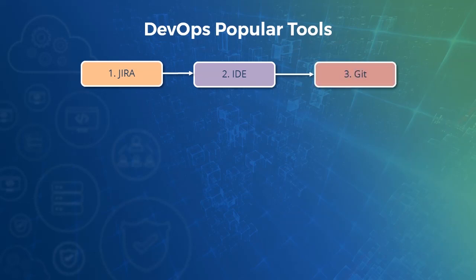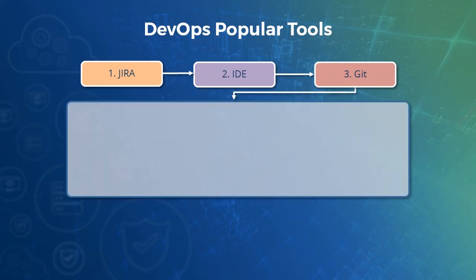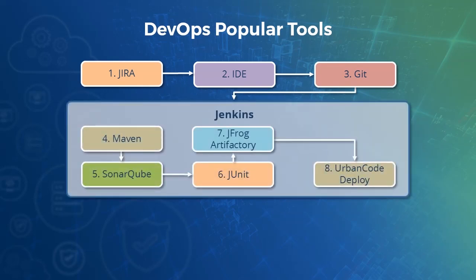After the codes have been committed in Git, we can set up a continuous integration layer to build and test the codes. In the current scenario, the continuous integration layer is being set up using Jenkins, and within the layer, we've configured various tools to manage continuous and automated build and test. Maven, which is the first tool in the layer, is used to facilitate the build. SonarQube is used for code coverage.